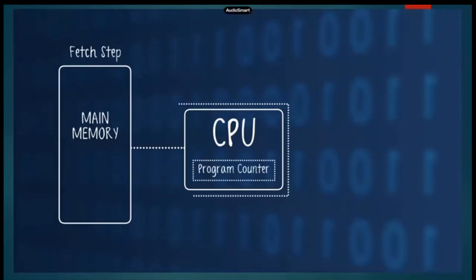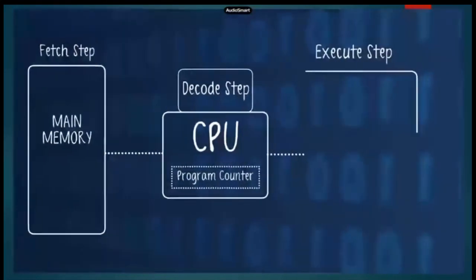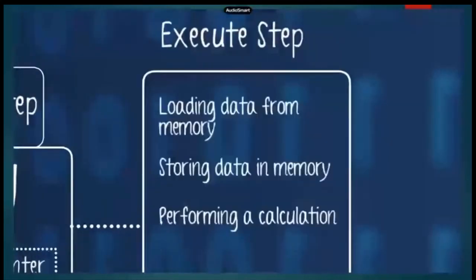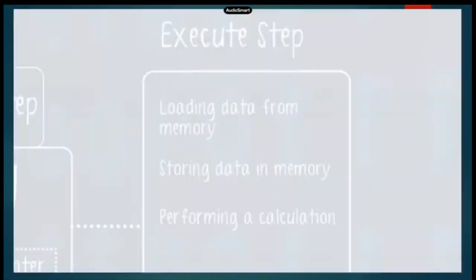Once the instruction is loaded into the CPU, it needs to work out what the instruction means. It does this in the decode step. Finally, the computer has to carry out the instruction during the execute step. This could be a number of things, including loading data from memory, storing data from memory, or performing a calculation. The processor will carry out this cycle over and over millions of times per second.